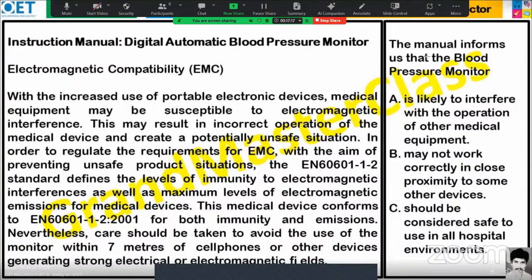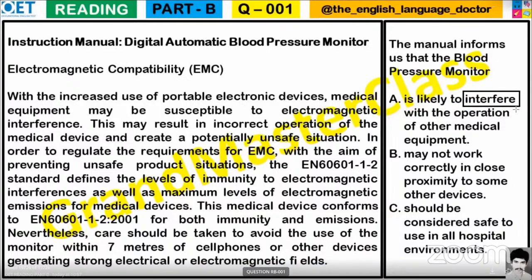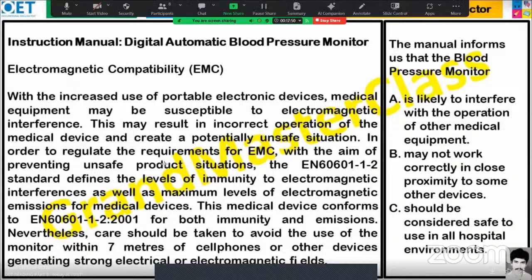Now here, very simply, you have to understand this one. The manual informs us that the blood pressure monitor is likely to interfere. So the most important word is interfere.